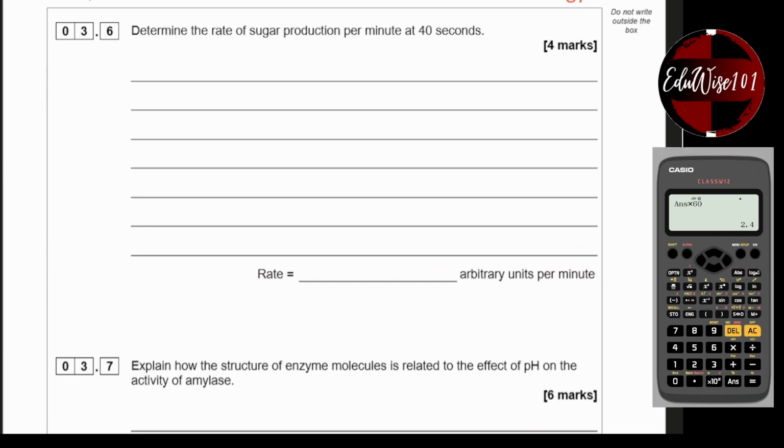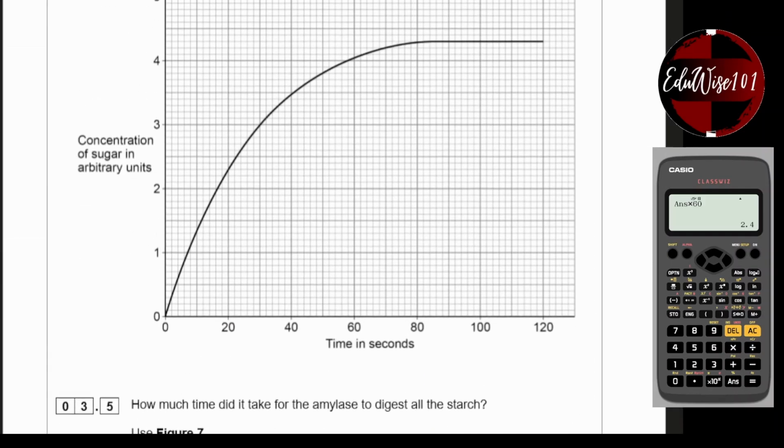So question 3.6. Determine the rate of sugar production per minute at 40 seconds. So looking at the graph, you would need to draw a tangent at 40 seconds. Because they're asking for a minute, I'm going to draw a line right up to 60 seconds.